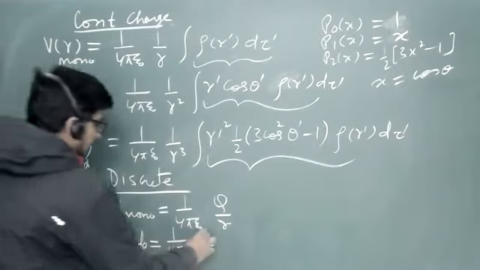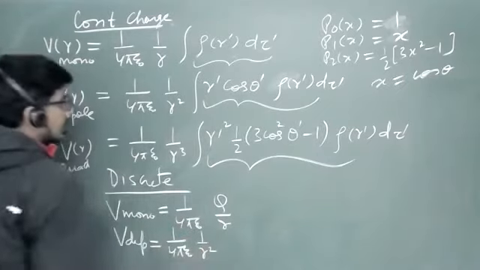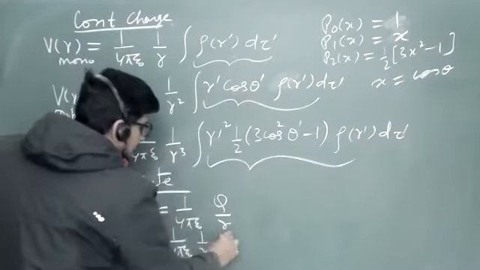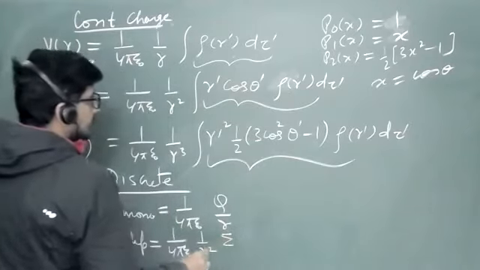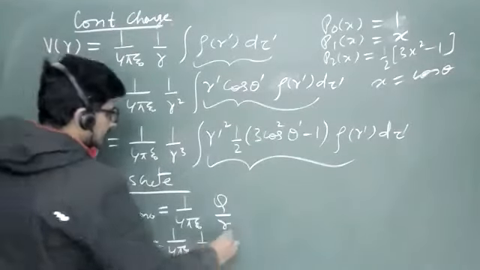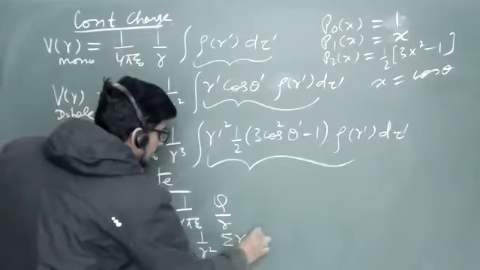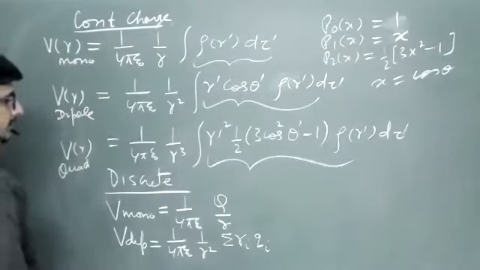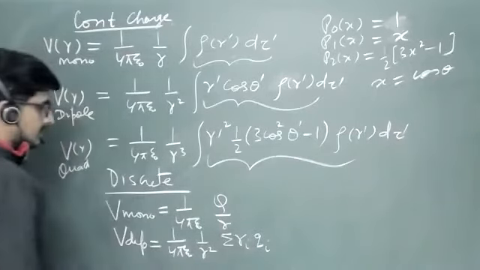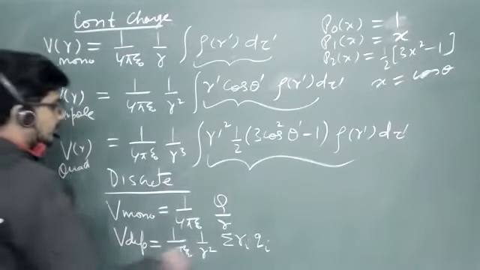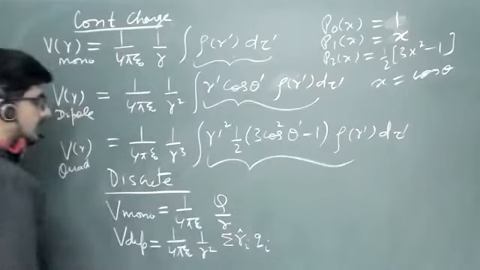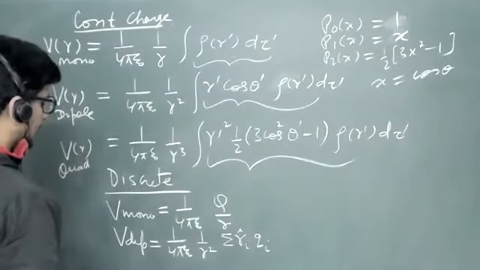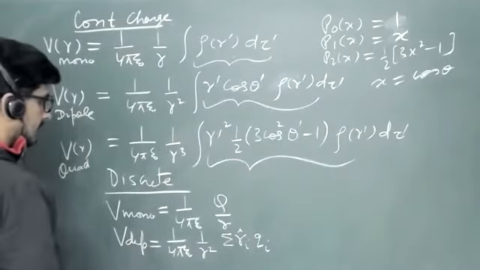I will write 1 by r square, and this will be a summation of ri into qi, where ri is the position of the charge. So ri will be the position vector. This will be the dimensionless position vector, because dipole को क्या होना चाहिए?